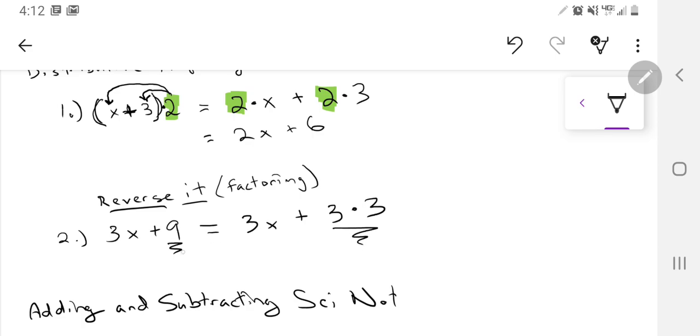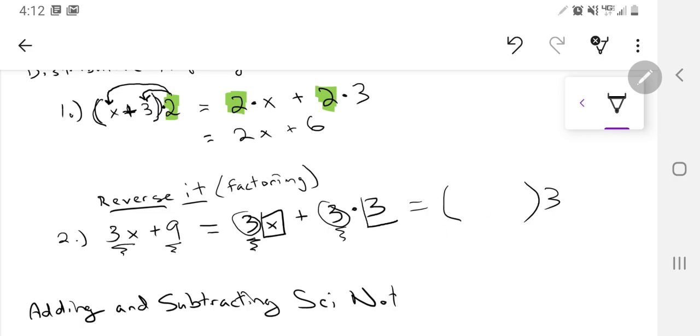Well, I wanted to show you that these two terms have a common factor. They have a common 3 and a common 3. So since they have a common factor, we can actually rewrite them. We can take that common factor out and put it on the outside of the parentheses. And then we have the thing that was left behind and the plus sign, and that goes inside our parentheses.